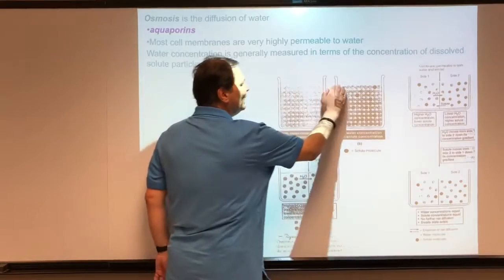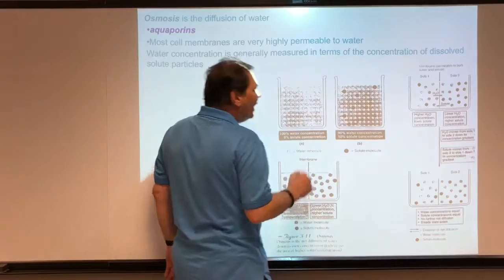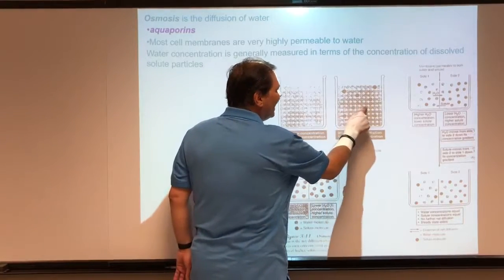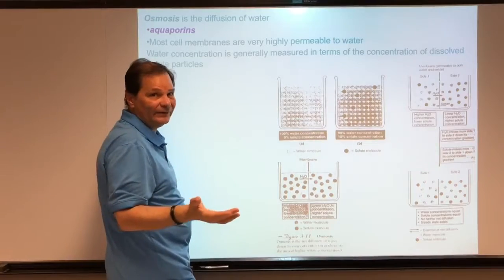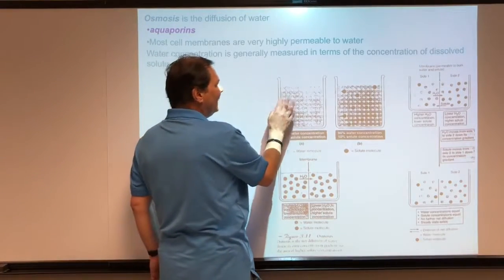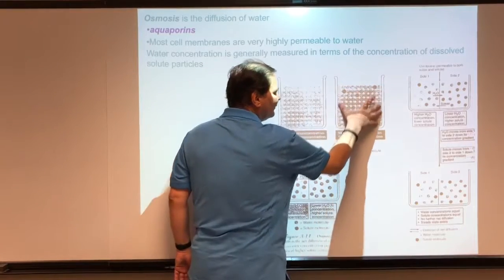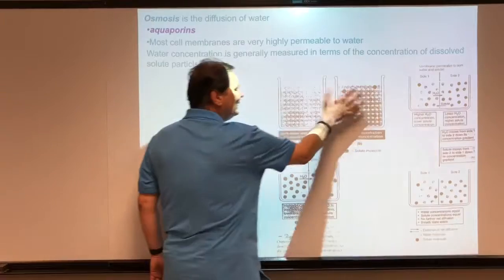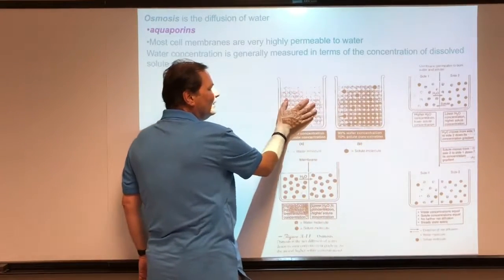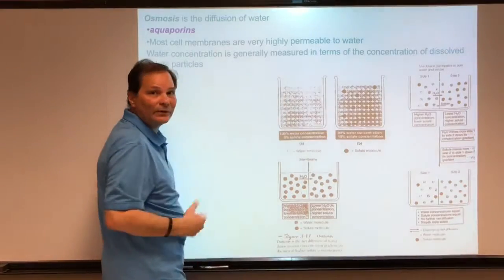Each one of these beakers has exactly 1 liter in it. But because I have these black dots in here, and because they take up space, if I were to count the number of molecules in beaker 1 and in beaker 2, I would have fewer water molecules in beaker 2, because for every one of these black dots, I have 1 less water molecule.